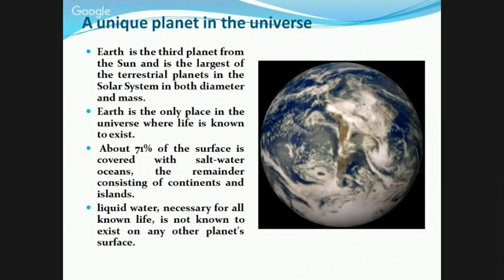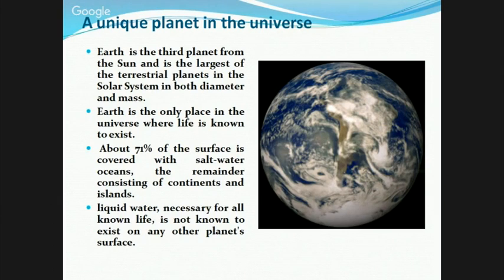If we see, this Earth is a very unique planet. I think this is the only planet where you find that the life system is there, and there you find the water is there.